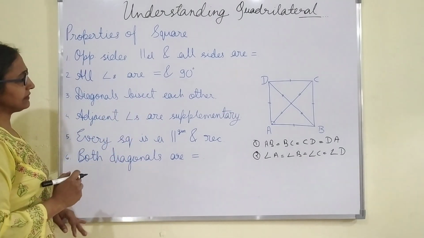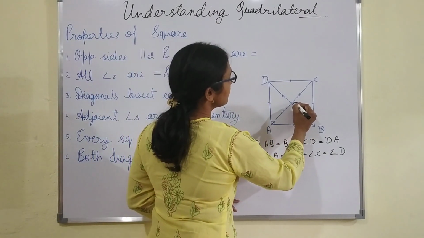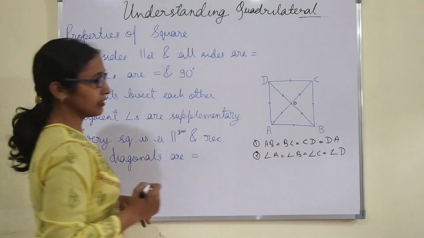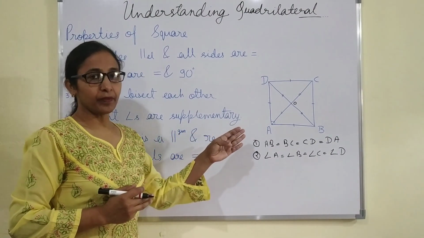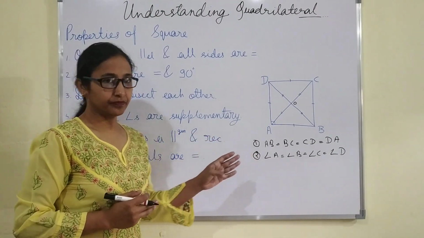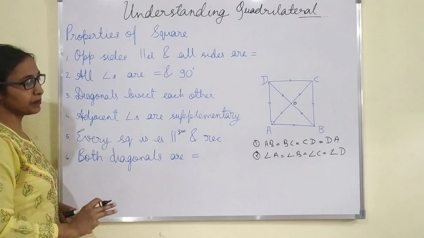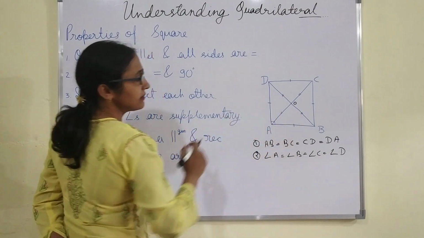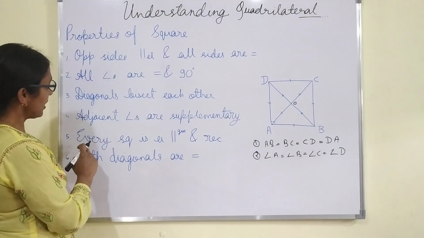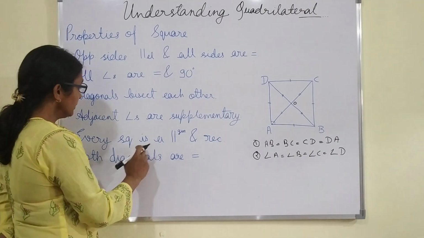Diagonals bisect each other. Since a square is a parallelogram, it has the properties of a parallelogram. Now, adjacent angles are supplementary. All angles are 90 degrees, so adjacent angles are supplementary. Now, every square is a parallelogram and a rectangle.